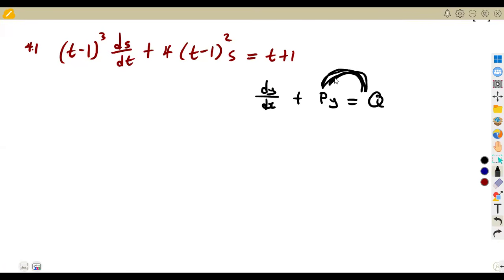These must be functions of x because we are talking about x. But this time, we are not having x. We are having s with respect to t.